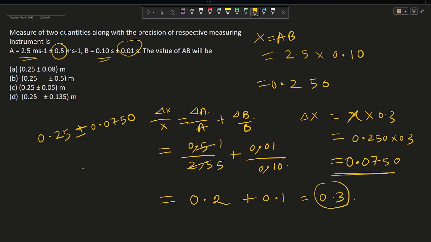Okay, so the answer will be 0.25 plus or minus. Now reduce this: this digit is 5, and the digit before it is odd, so it will increase by 1, 0.08. This will be the final answer. So option A is the right answer.